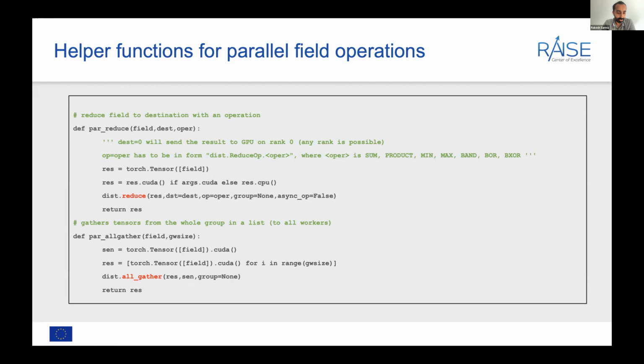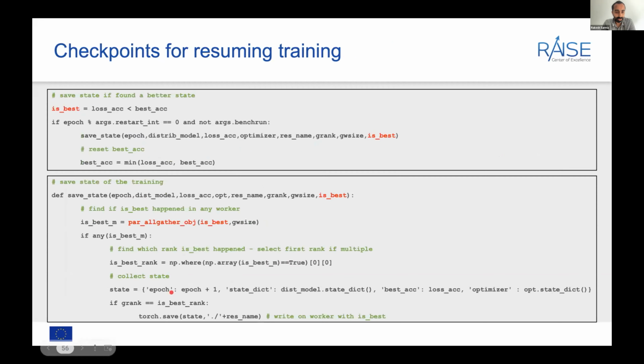So I will be showing the application of this basically for creating checkpoints. This is actually very primary, and you would always need it when you are doing a machine learning workflow. So in distributed, I'm going to show how we do this in our case.